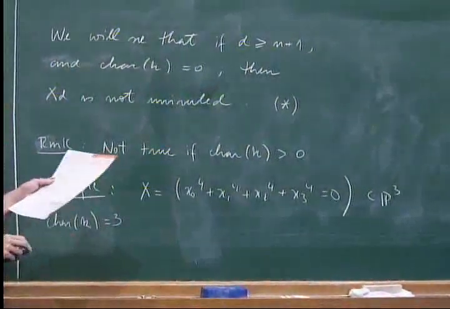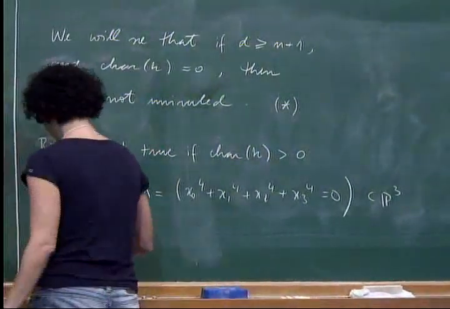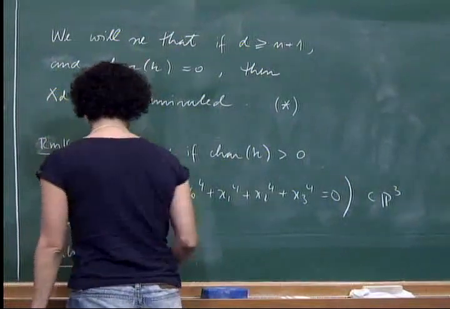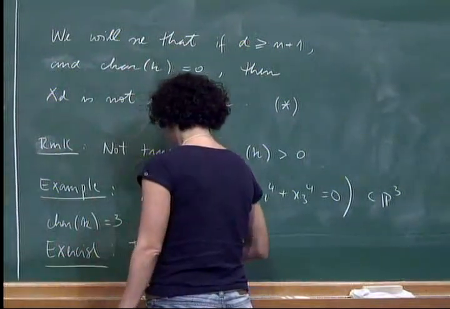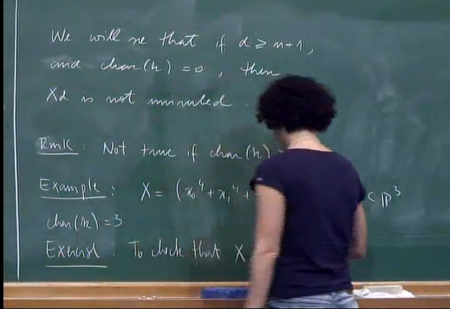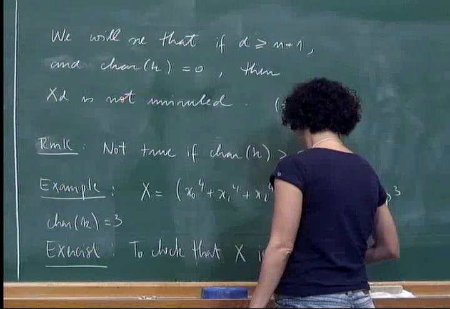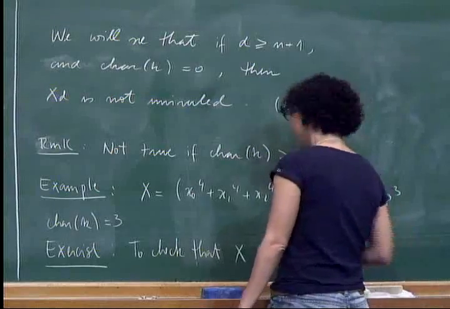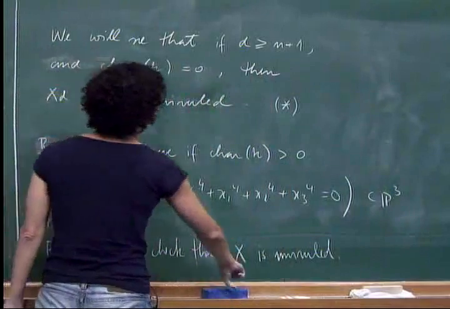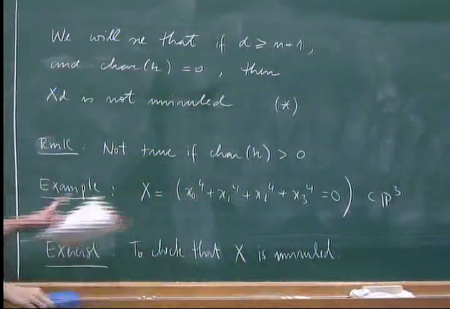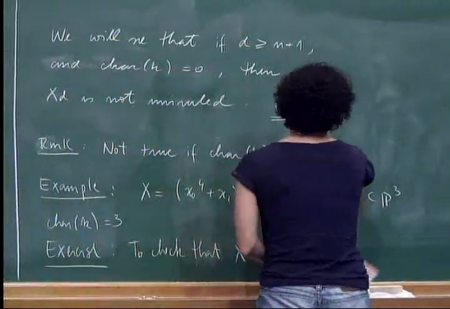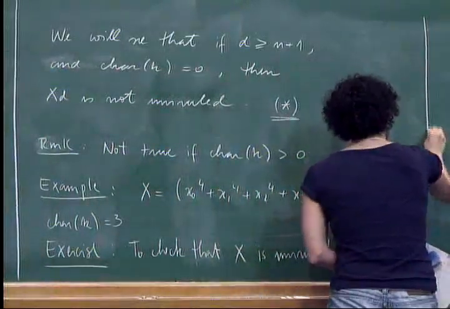And I will leave you as an exercise to check that X is uniruled, even though its degree is greater than 3. So this is something definitely special to characteristic 0.